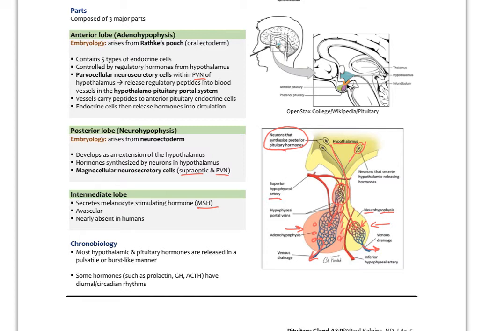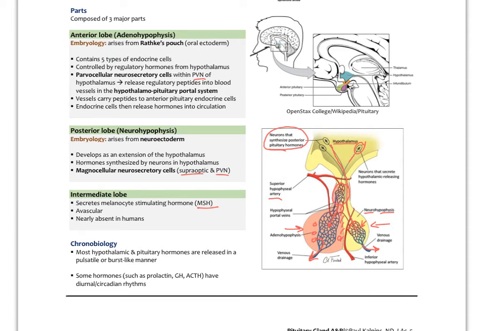Although in other mammals, this region, by secreting melanocyte stimulating hormone, helps determine the color of the coat of the animal. So the fur color and the amount of melanin and so forth is determined by MSH secretion. Okay, so that's the two major lobes with the third intermediate lobe of the pituitary.